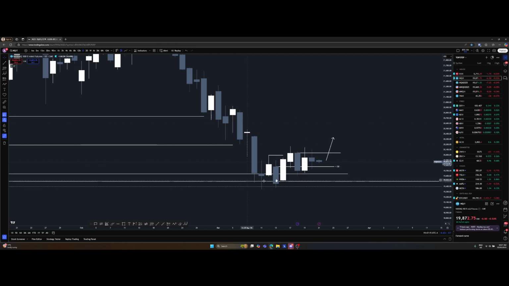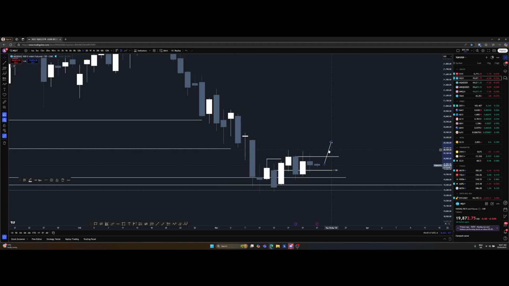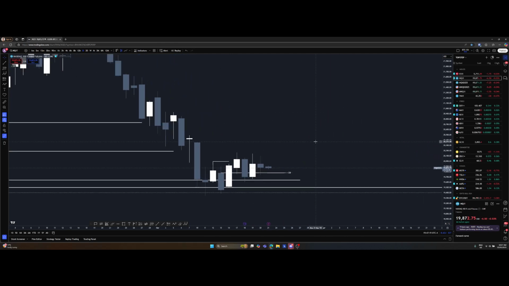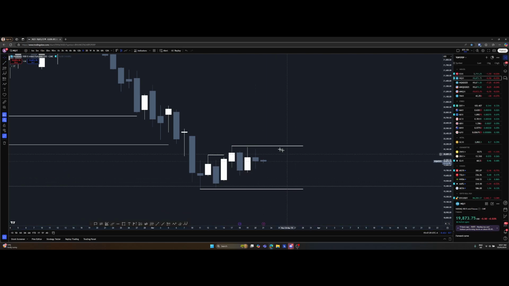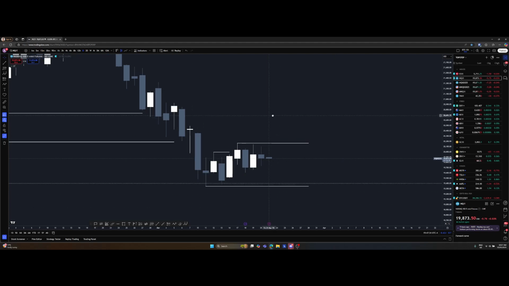Should be interesting to see how we go with this range. Alternatively, we can just wait for one side of this to get swept for a bit more directional bias.